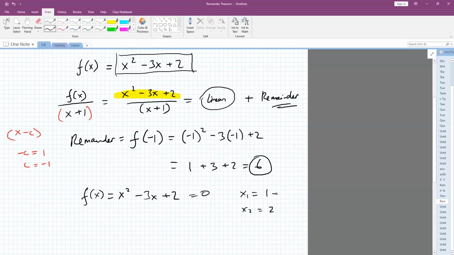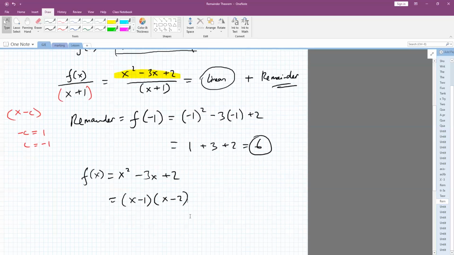So from this one we get x minus 1, and from this one we get x minus 2. So I can write x squared minus 3x plus 2 as (x minus 1) times (x minus 2). This is just to factorize x squared minus 3x plus 2 into two linear terms like this one.